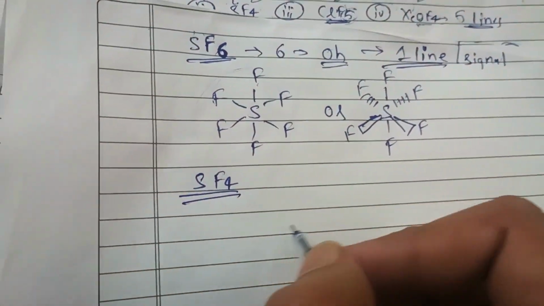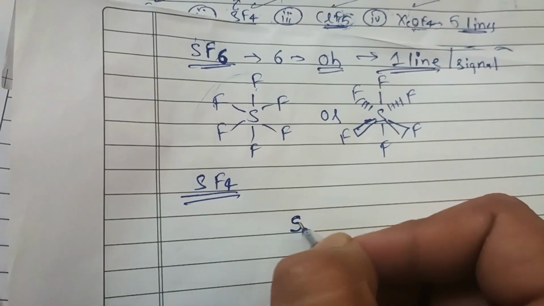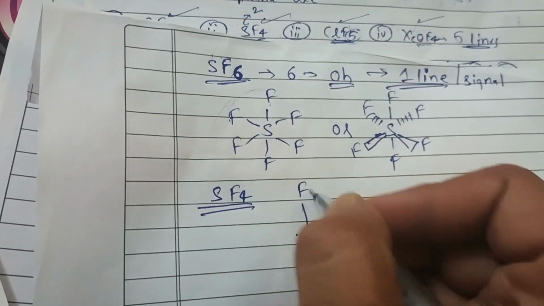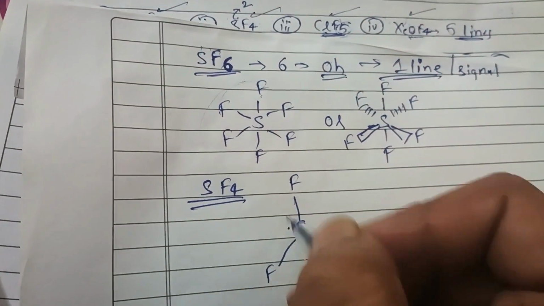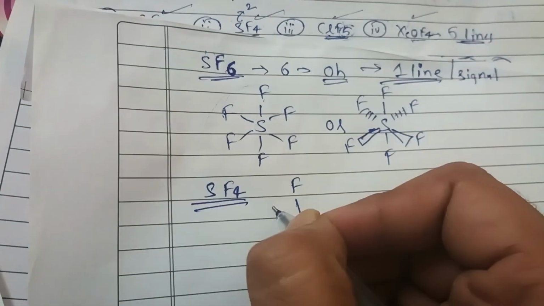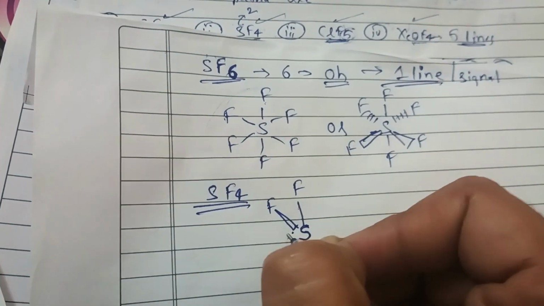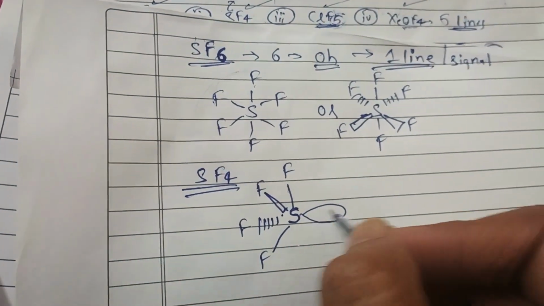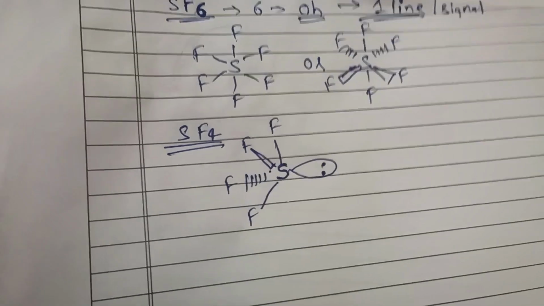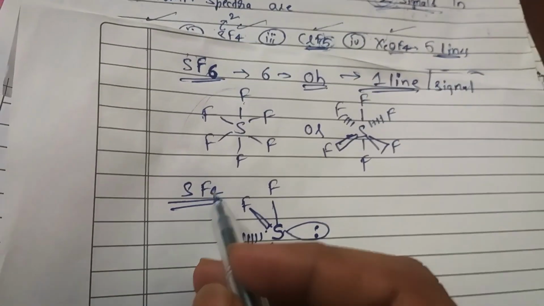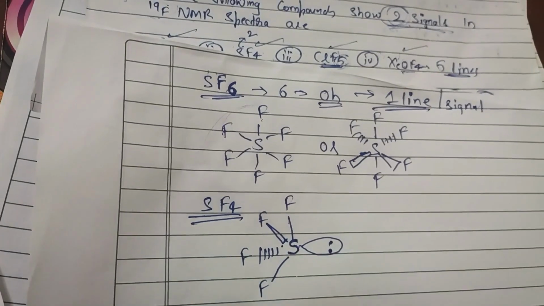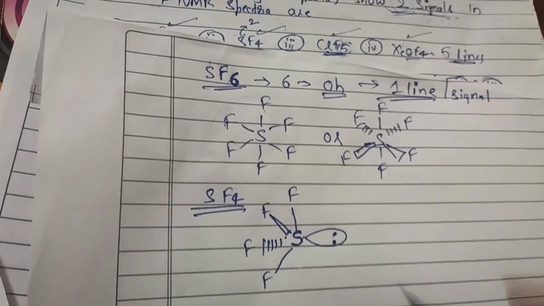This SF4 structure will be a little complicated. It has the structure like this. These are the two fluorines, and then F, F, and here will be the lone pair. This is the structure of SF4. Since there are two kinds of fluorine, there will be two signals.